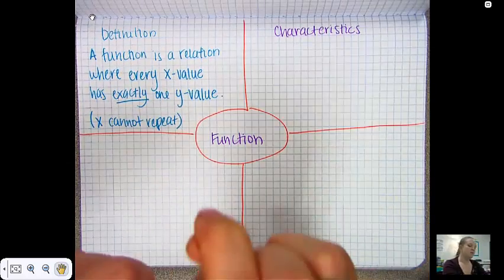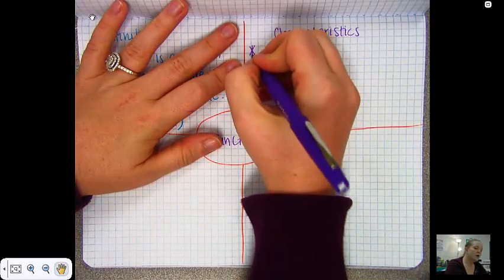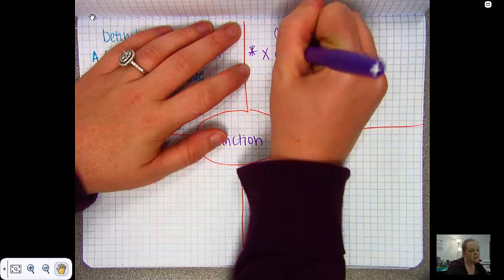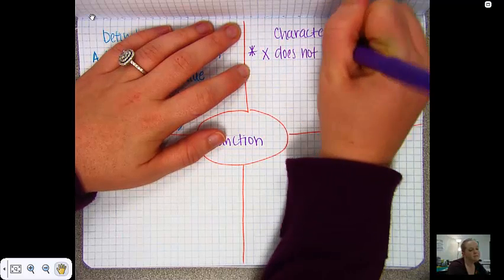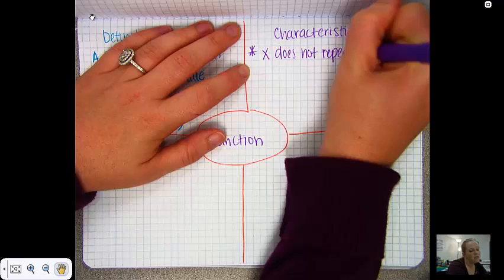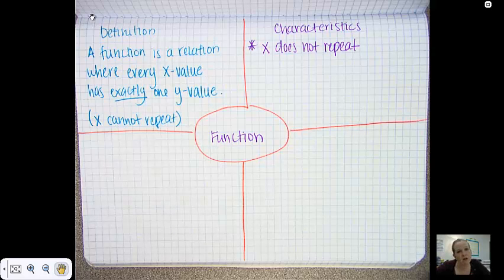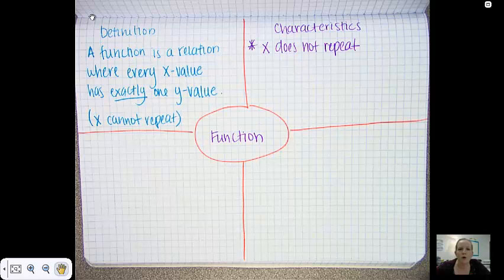We already said one characteristic is that x does not repeat. So when we look at ordered pairs, tables, or maps, we look at our set of x values and ask ourselves, do we see that x value more than once? If you see the x value more than once, then the relation is not a function.